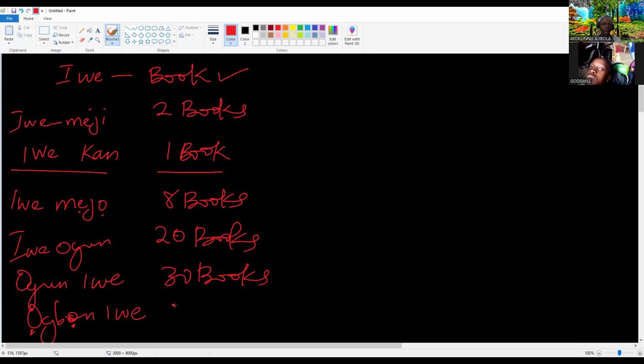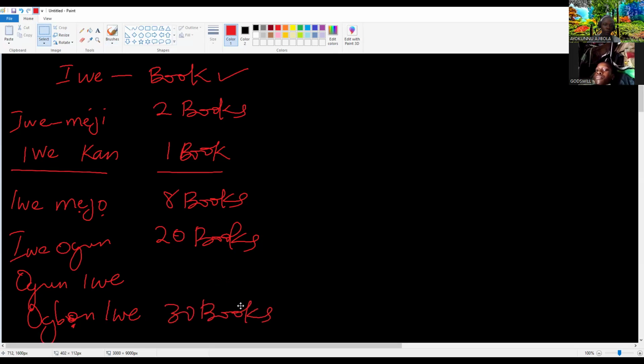That is 30 books. Let's say ọgbọ̀n ìwé, then I will move this one down to where it's supposed to be because ọgbọ̀n is 30. Is that clear? So either I say ogún ìwé or ìwé ogún. But ìwé ogún is an old fashion which we shouldn't use. So it should be ogún ìwé, ọgbọ̀n ìwé, and more than.